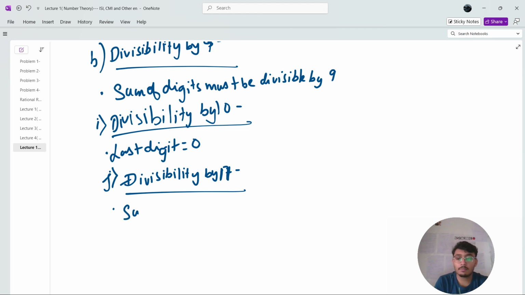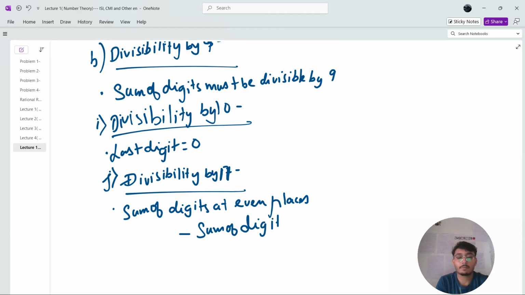at even places, we just need to see which one is bigger, minus sum of digits at odd places.